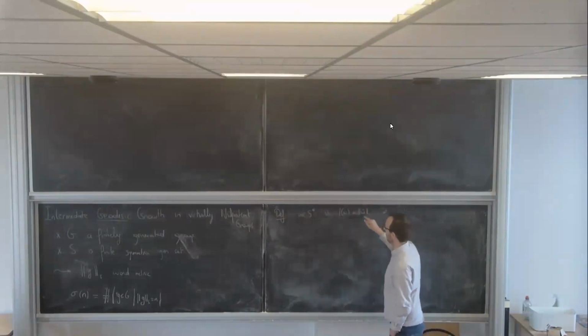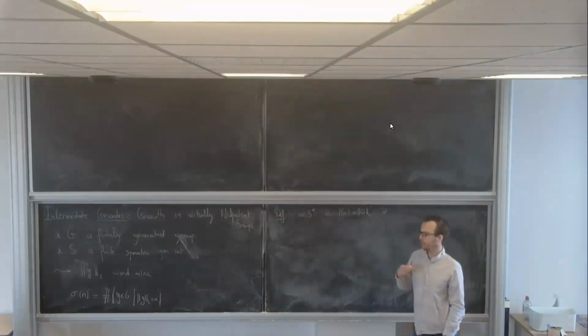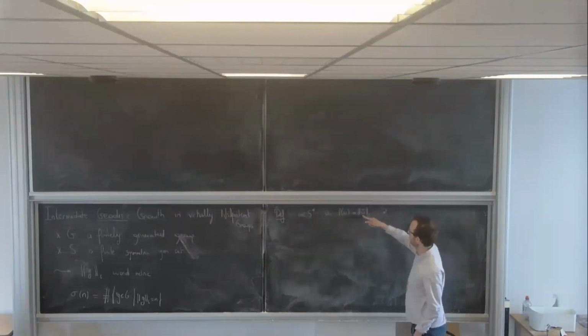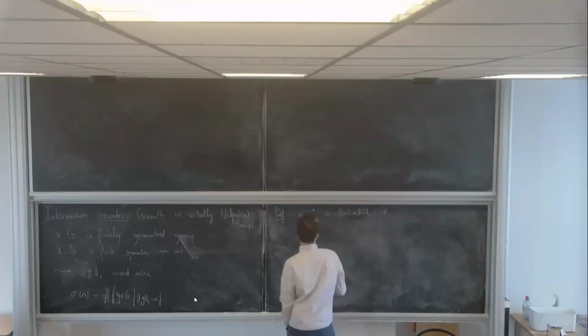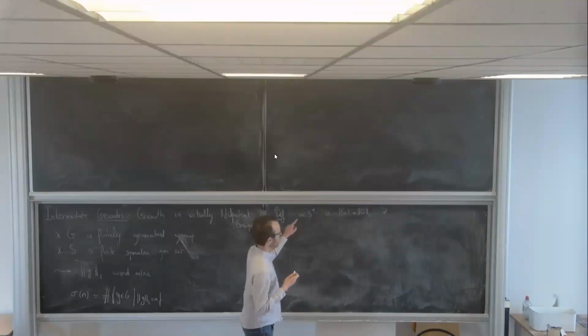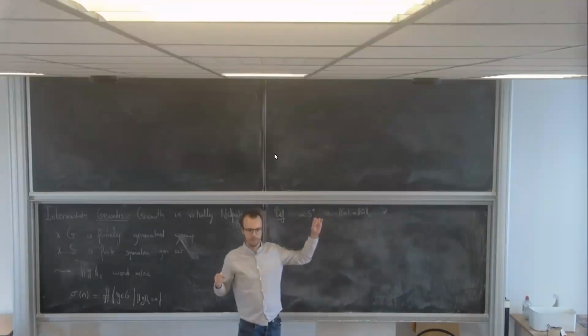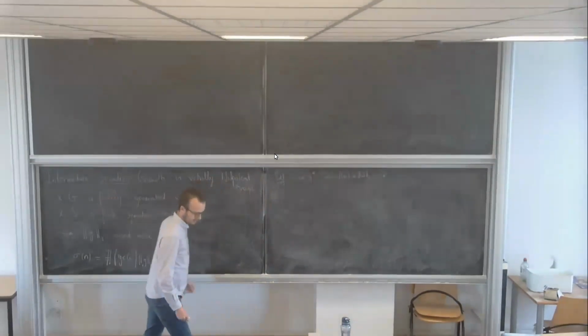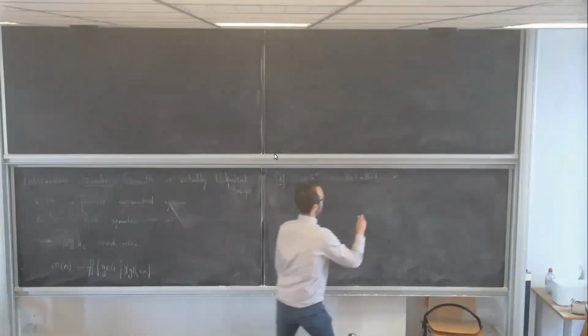I write a bar on top for the element instead. So it's a minimal length representative for this element. Alternatively, you can also see that as a word labeling a geodesic in the Cayley graph of G with respect to S. So that's a geodesic.